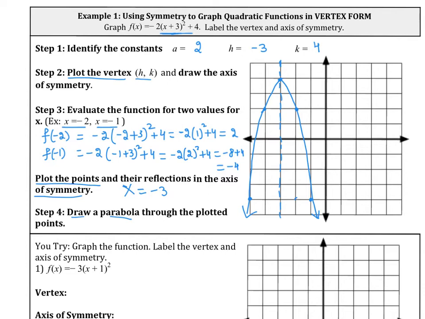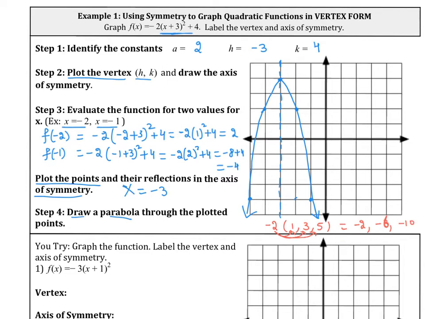Also, if you notice the 2 in the front, it means it's a vertical stretch graph. The pattern for the normal graph is 1, 3, 5. Since there's a -2 in front, you multiply by -2, and the new pattern for the graph is going to be down 2, down 6, and down 10.